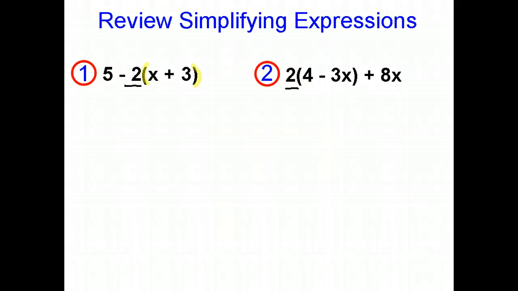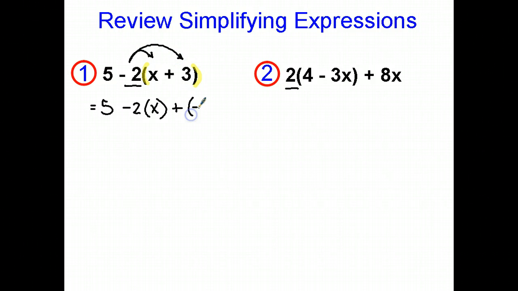So the first thing we're going to do is distribute this negative 2. So we'll rewrite the 5 exactly how it is, and then we're going to say negative 2 times x plus, to represent the 3 here, and then we're going to multiply negative 2 times 3. So we'll say negative 2 times a positive 3.